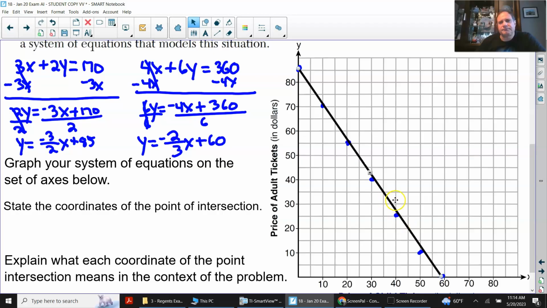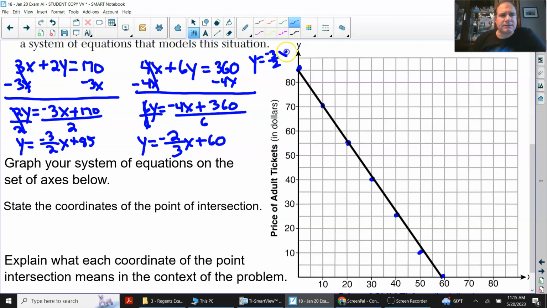Something like that. All right. So that is y equals -3 over 2x plus 85.